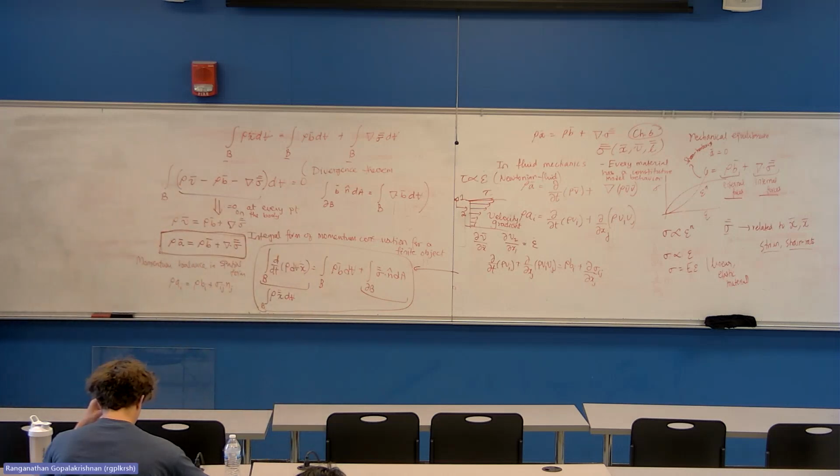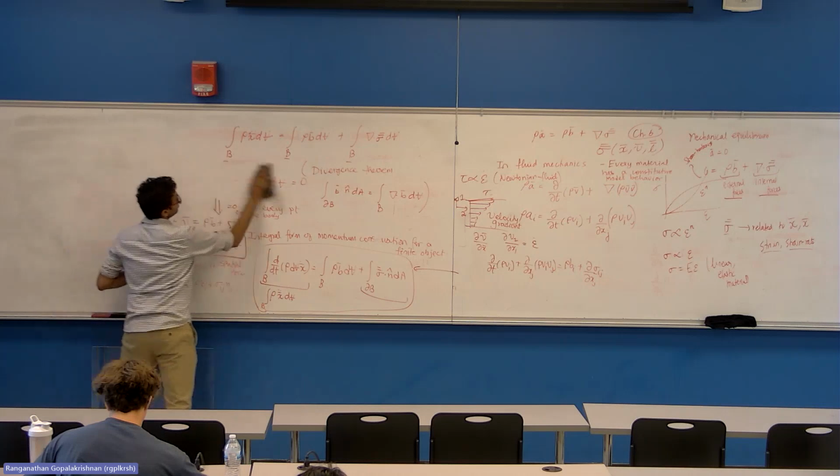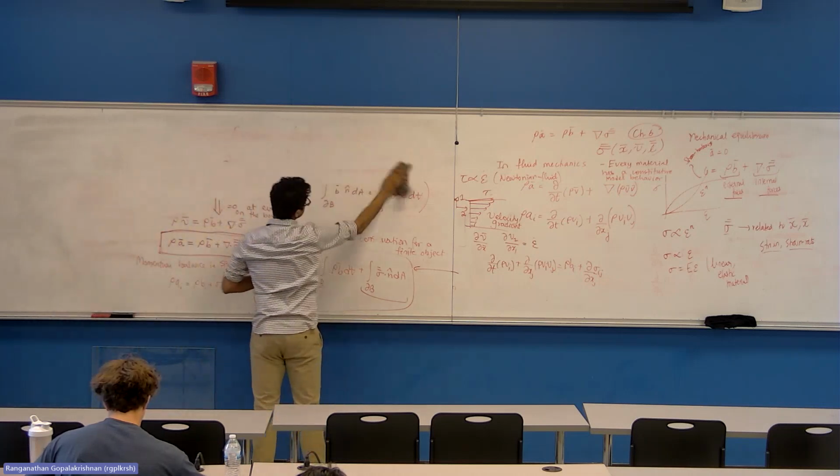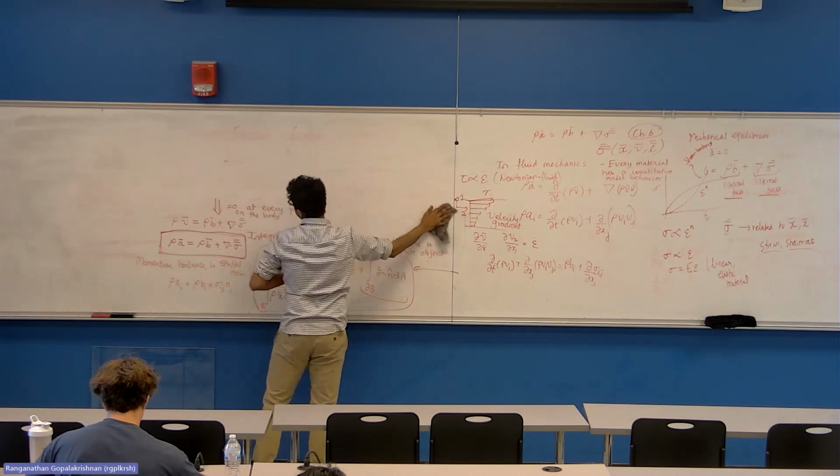Problem reads, in an ideal non-viscous fluid, there can be no shear stress. Hence, the Cauchy stress tensor is entirely hydrostatic. Sigma ij is equal to minus P times delta ij. That is in index notation. Can you write that in tensor notation?